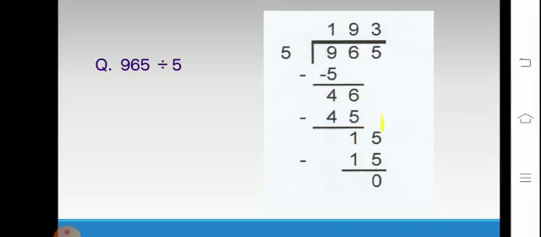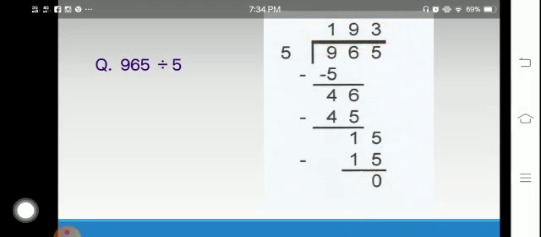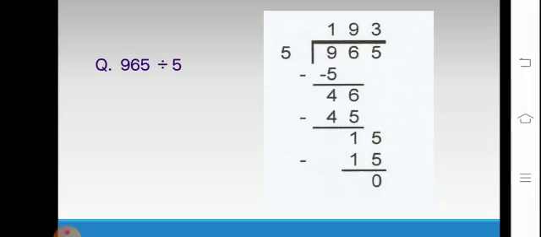Now the next number, which is 5, goes down here. It's 15 now. Now you know 15 is at the place of 3. So 5 threes are 15. So there is no remainder here. Its quotient is 193.